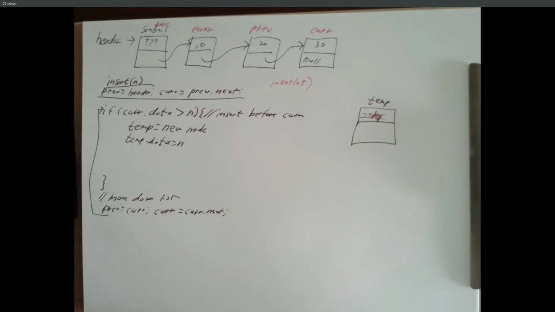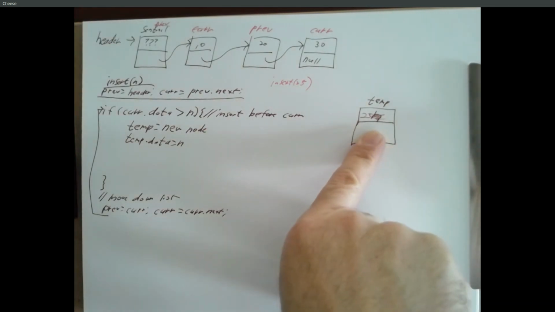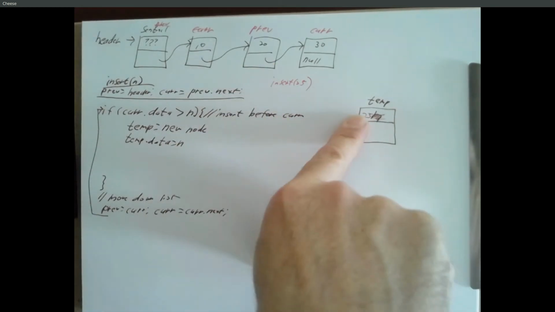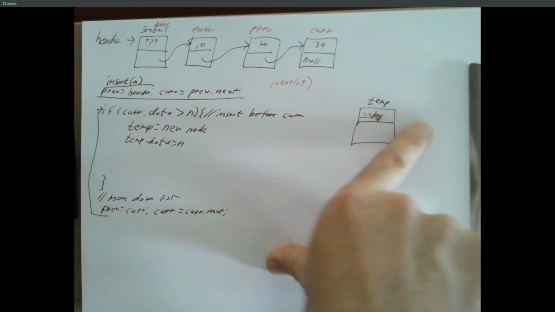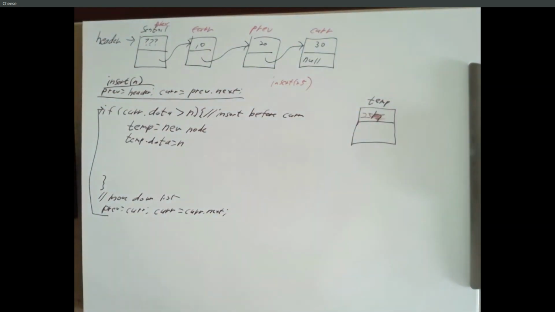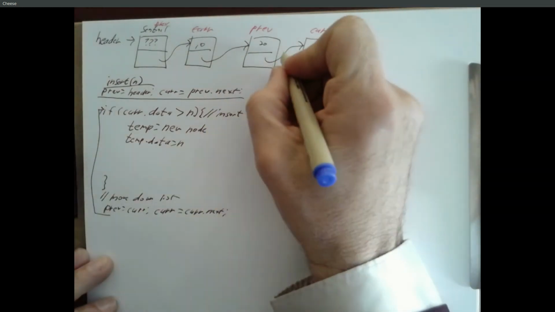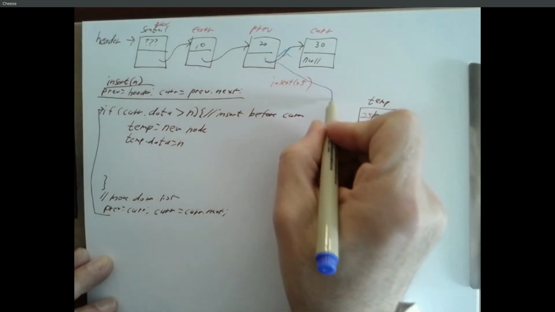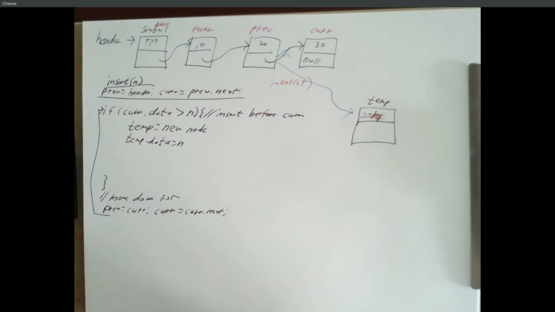So physically on the picture, how do we squeeze temp in between previous and current? We rewrite the address of previous to temp. And the next address of temp to current. Exactly. So we want to take the next address of previous, and we want to point that to temp.